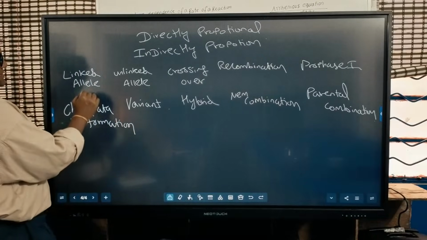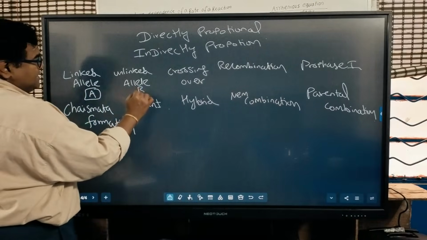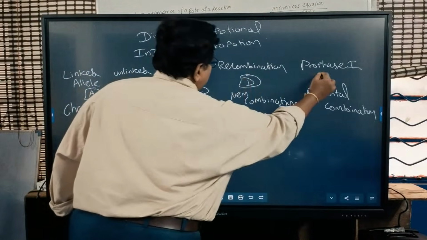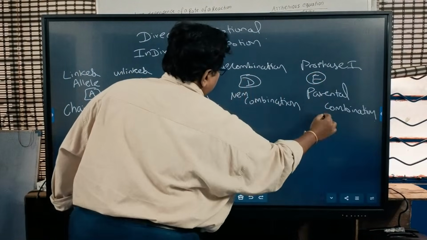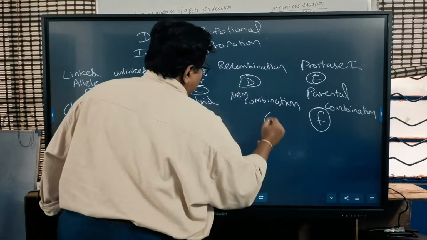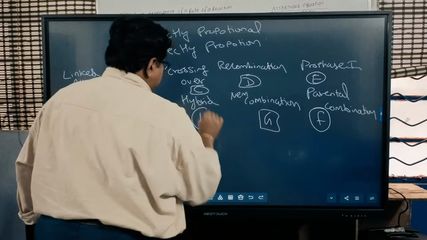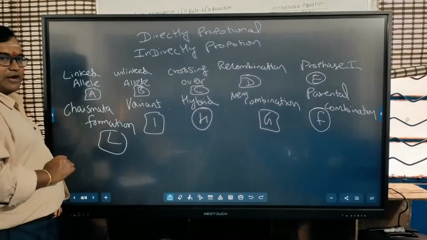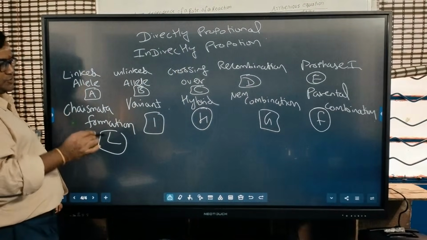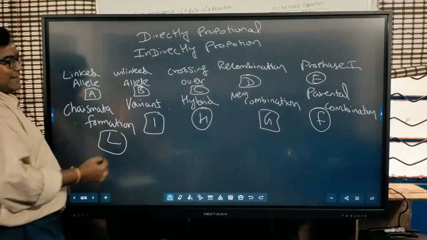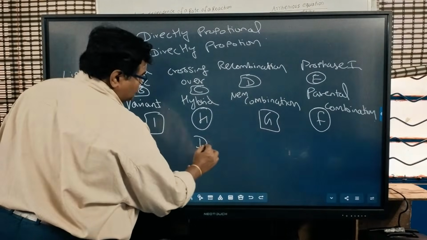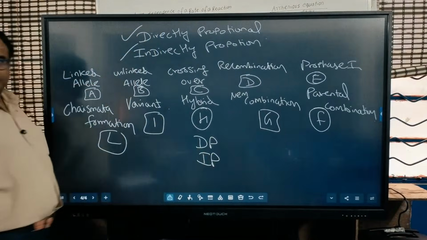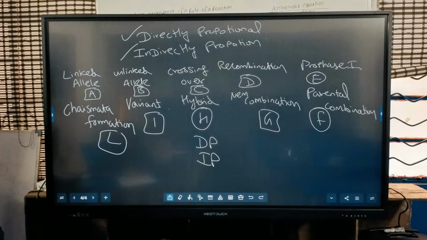So I'm keeping this as A, this as B, this as C, this as D, this as E, this as F, this as G, this as H, this as I, this as L. Now, among all these alphabets, you are supposed to find out which is directly proportional and which is indirectly proportional.